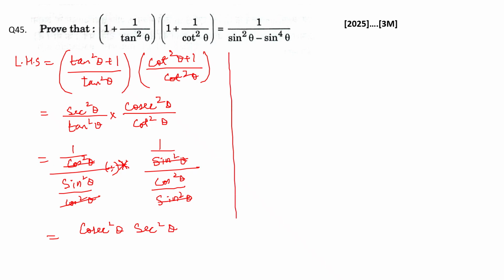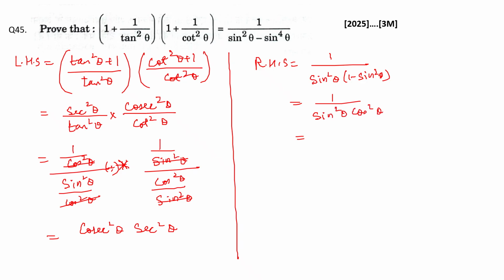Now let's do the RHS also. From RHS, I am going to take sin square theta common. So it will be 1 minus sin square theta, and 1 minus sin square theta is cos square theta.